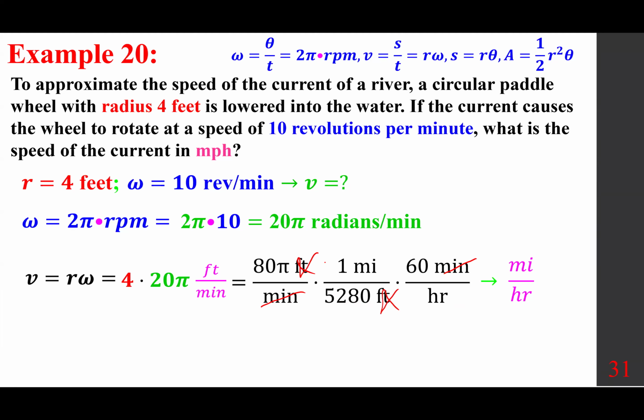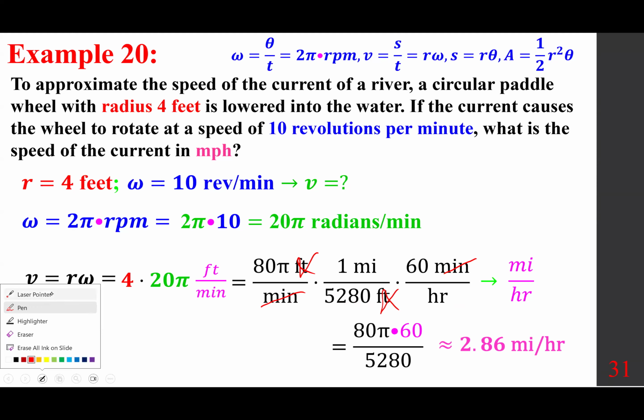So 80 times pi times 60 is in the numerator, and the denominator is 5,280. Putting it into a calculator gives us 2.86 miles per hour. So you can calculate the speed of the current in a river using this methodology.